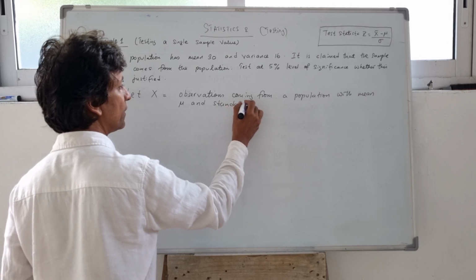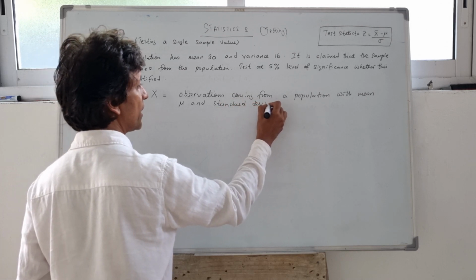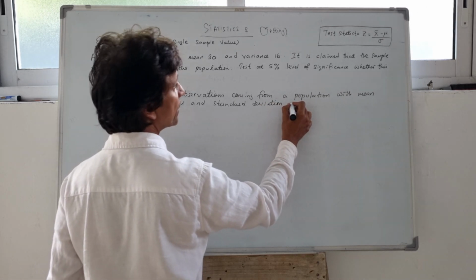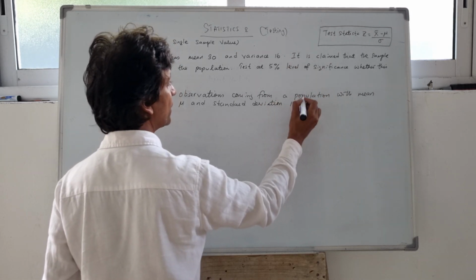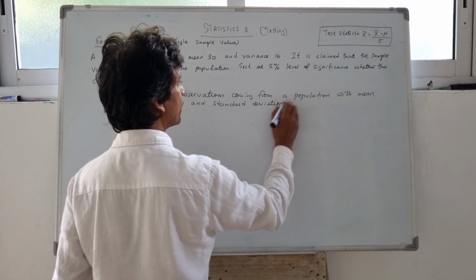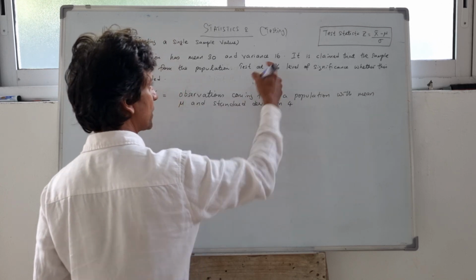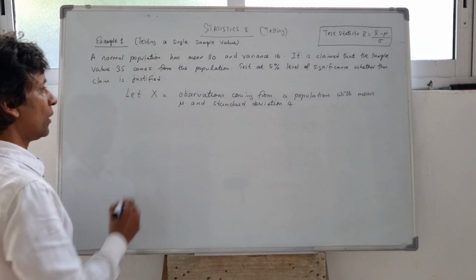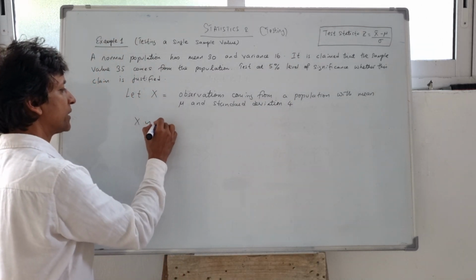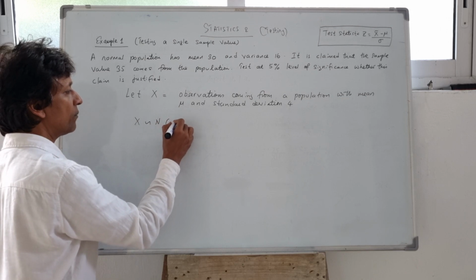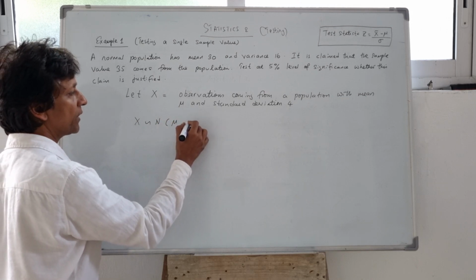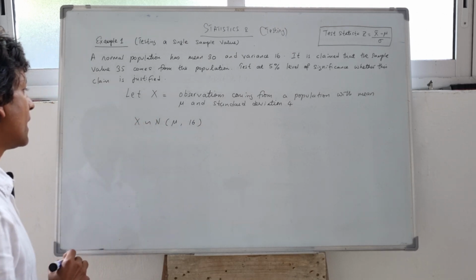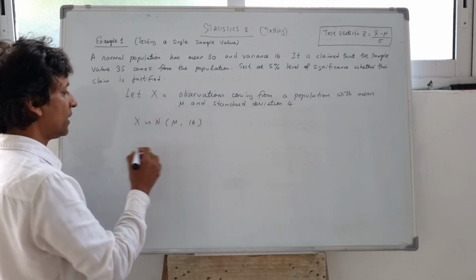Mean 30, so the variance is 16, and the standard deviation is 4, because the square root of the variance is the standard deviation. So now we have x normally distributed with mean mu and standard deviation 4, which is basically the variance is 16. Now, what is our null hypothesis?